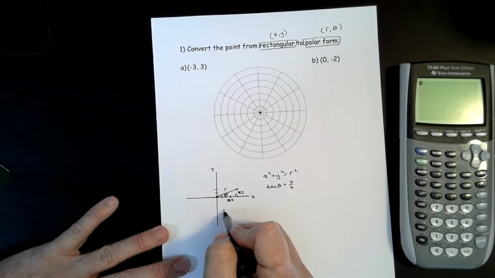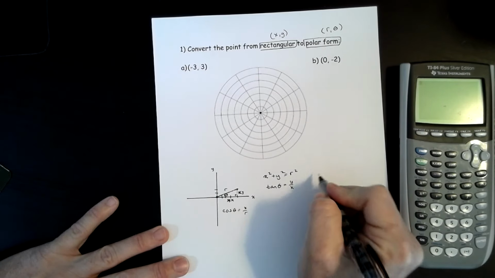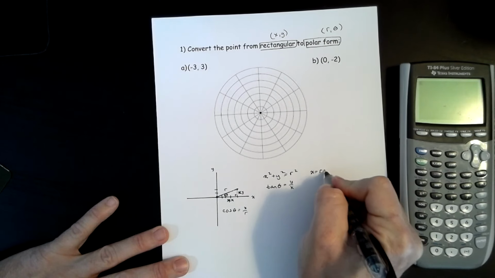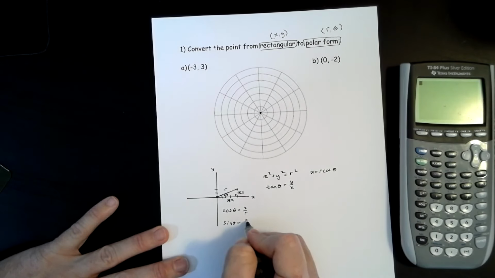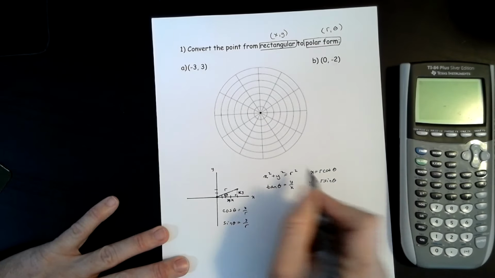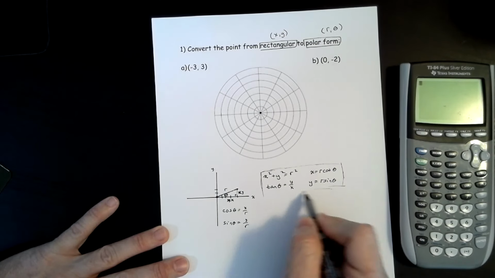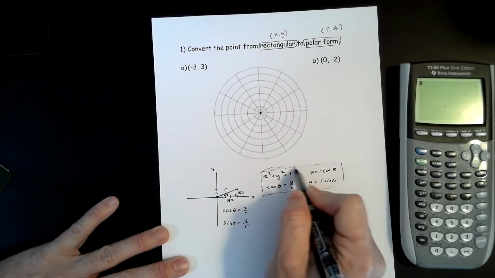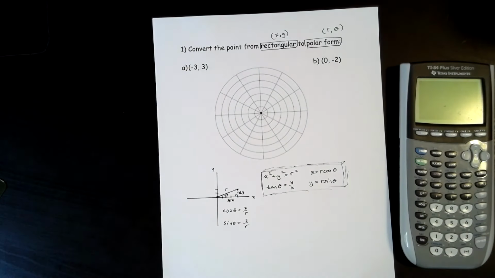And we learned the cosine of theta is x over r, so x is r cosine theta, and the sine of theta is y over r, so y is r sine theta. These 4 equations are very important in the concept of polars. Can't lose those. That's how we convert points.